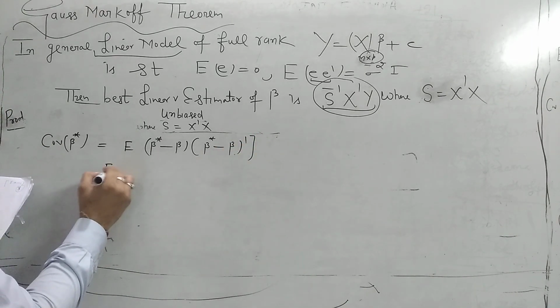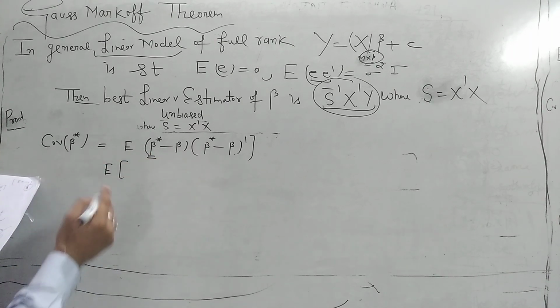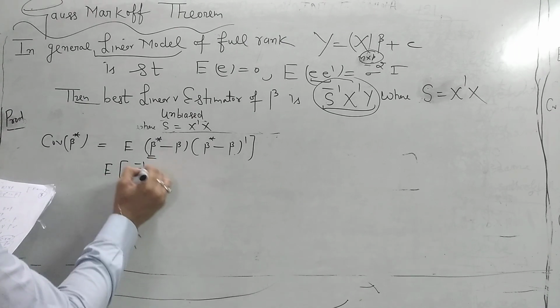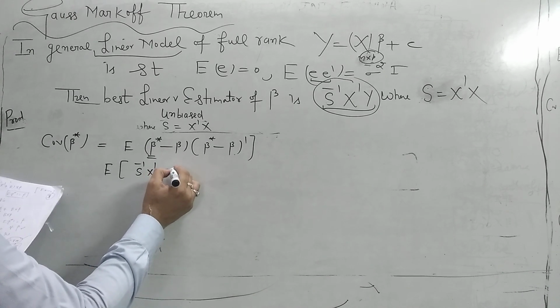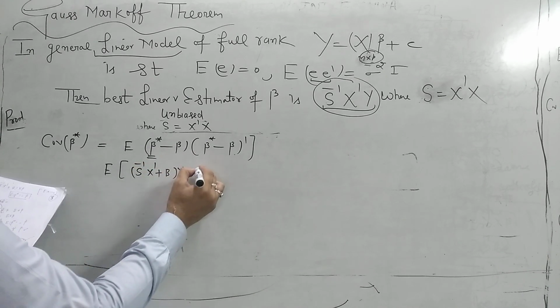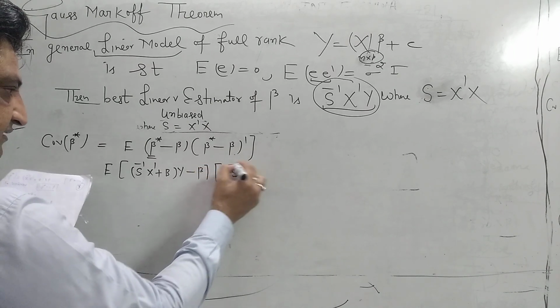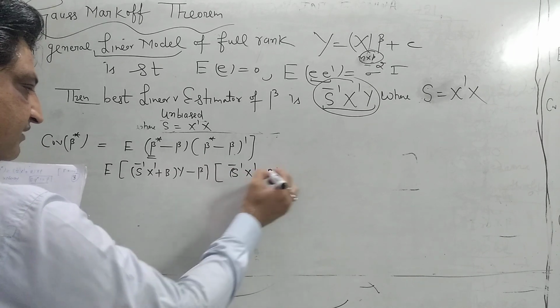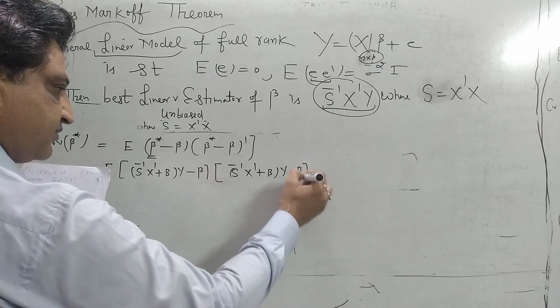So I will substitute the value of beta star. We have done that the value is (S inverse X dash plus b) into (Y minus beta), and here (Y minus beta) and its transpose.